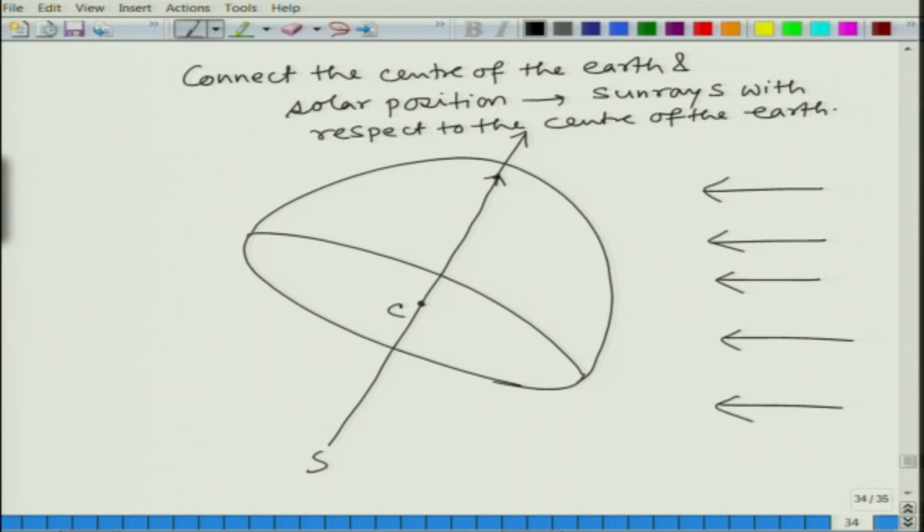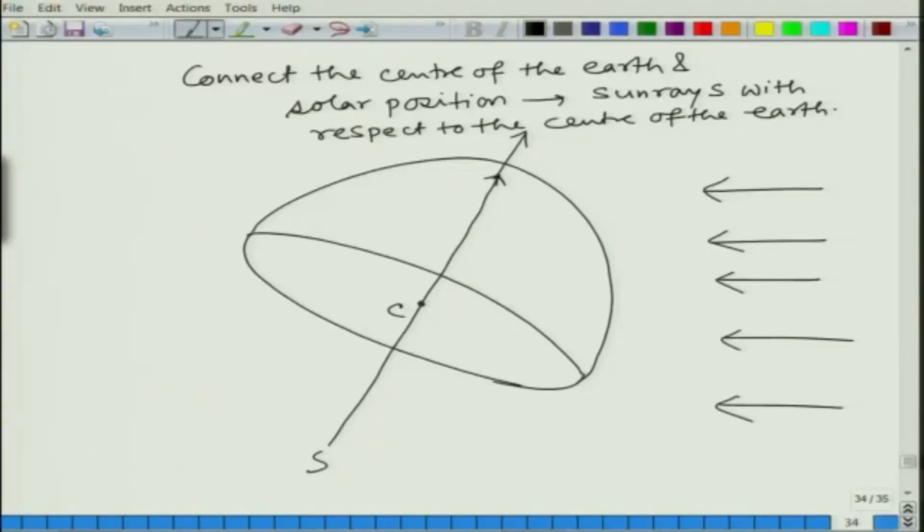Okay. So now you can always find one sun ray which is directly connecting from the center of the sun to the center of the earth. So what would that sun ray be? This would be the sun ray that is connecting directly to the center of the earth.